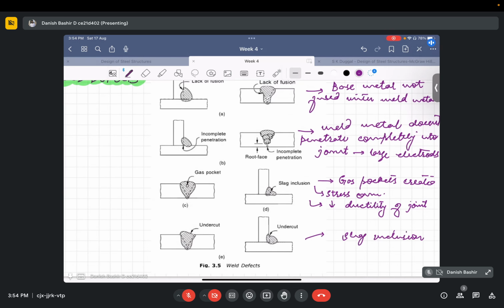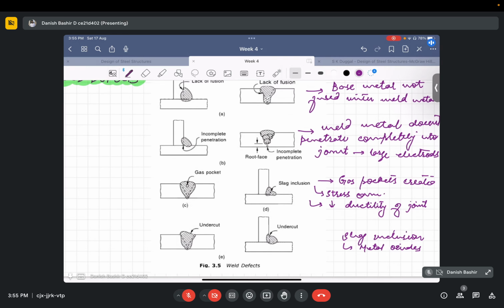So in slag inclusion, metal oxides or other solid compounds get included in the weld. Sorry, this is a defect, slag inclusion: metal oxide. Then there can be cracks developed in the weld.